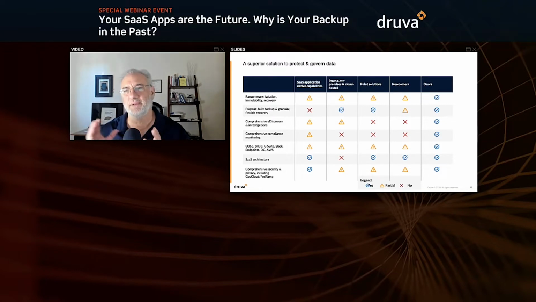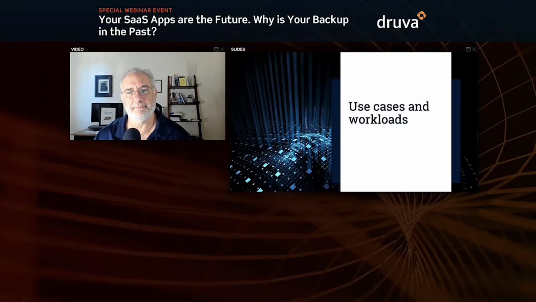And by the way, you probably have multiple SaaS solutions, and having a single backup solution that can back up all of them is much preferred to having multiple solutions, and Druva provides that for you. And again, you get the SaaS architecture, and then a comprehensive security suite, including GovRAMP or GovCloud and FedRAMP.